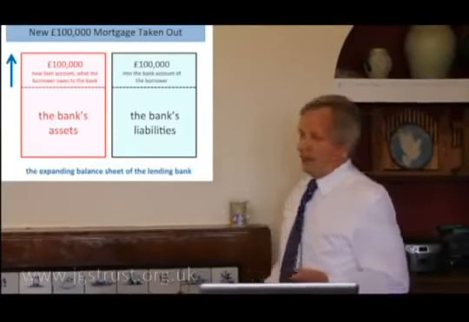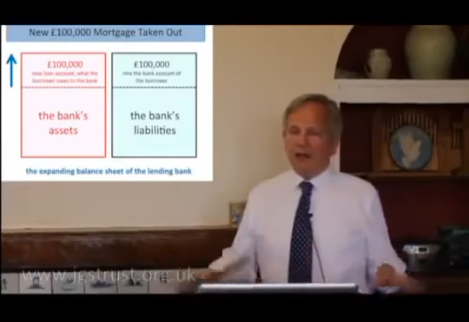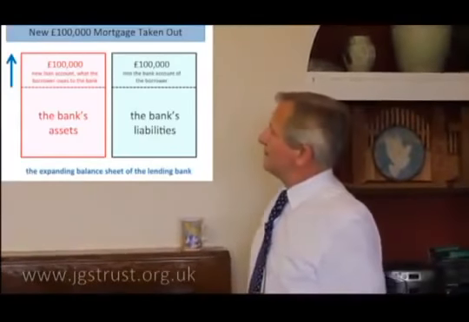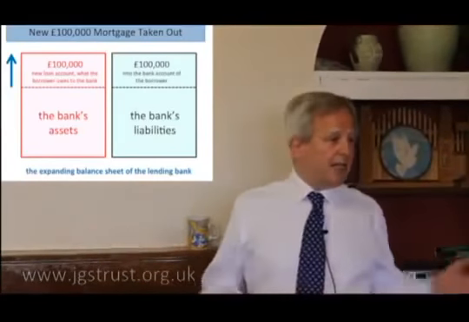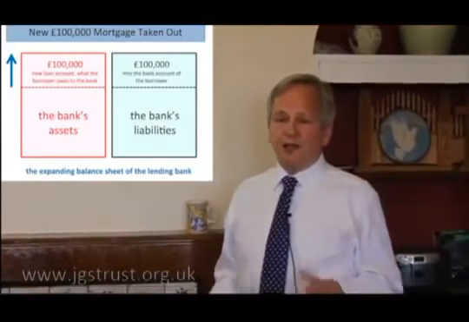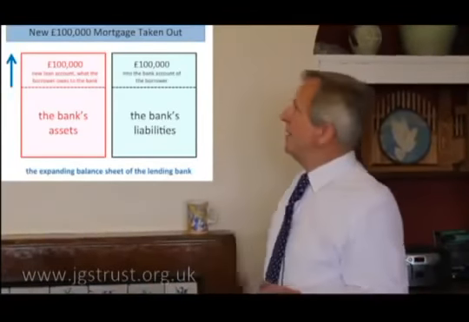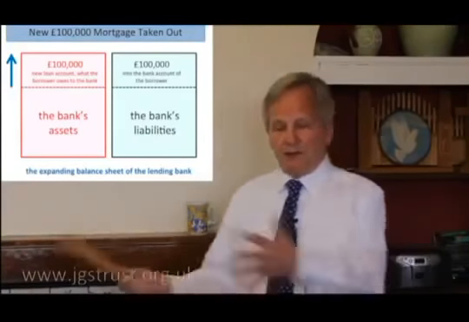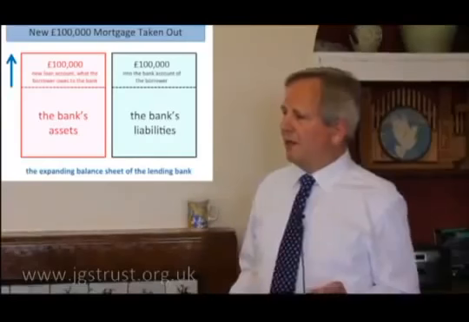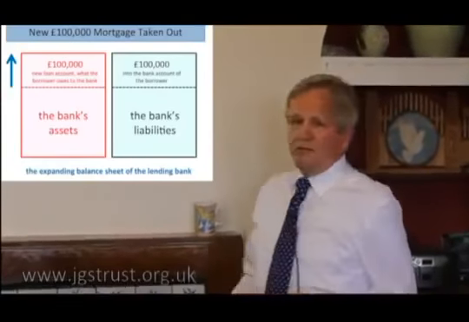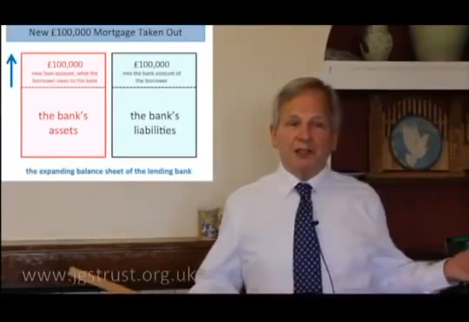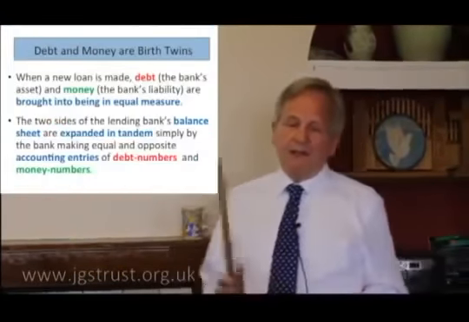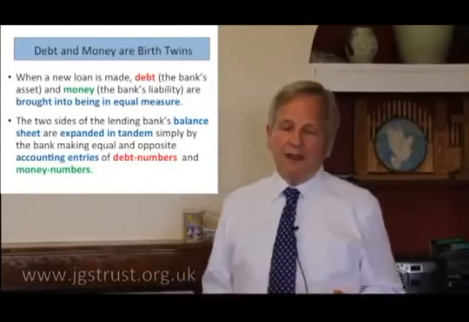So what's happened here is somebody in the bank has approved the loan and has just typed in £100,000 onto the asset side of the bank's balance sheet, however that's represented in the computers, and has typed in £100,000 into the current account of whoever's going to receive the money. Nothing has moved, two numbers have changed. That's it.